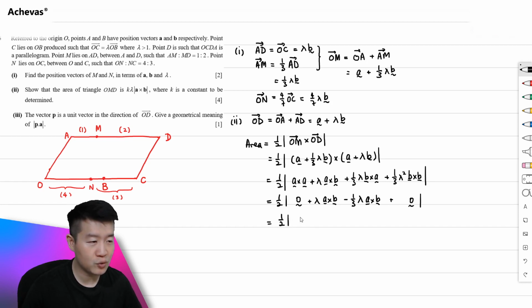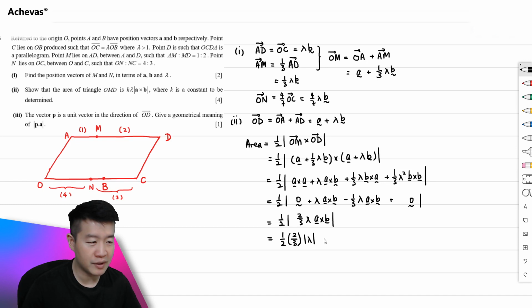So we have 1 over 2 modulus of lambda minus 1 over 3 lambda, 2 over 3 lambda of A cross B, which is equal to 1 over 2 times 2 over 3. That is a positive constant, so I can just take it out without being affected by the modulus.